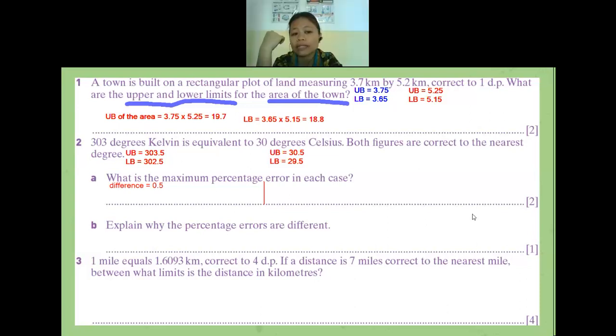So how many is the difference between 303 and 303.5? The difference is 0.5, right? If I want to compare it with the lower bound, the lower bound is 302.5, so I just need to find the difference between 303 and 302.5. The difference is 0.5. Or is there anyone still having difficulties finding the difference?